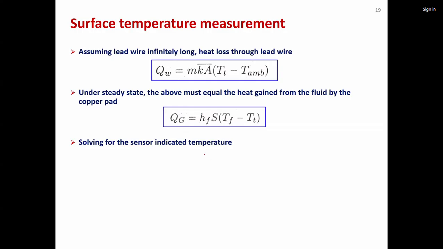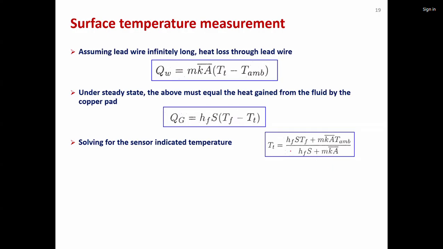If you equate these two, you can find an expression for Tt, the temperature of the tip of the thermocouple. Tt is on both sides, so you just do this simple math, take Tt to one side and then divide. So you have Tt equal to (HF into S into TF plus M into Ka bar into T ambient) divided by (HF S plus M into Ka bar).